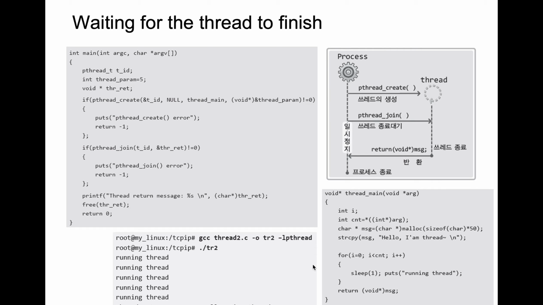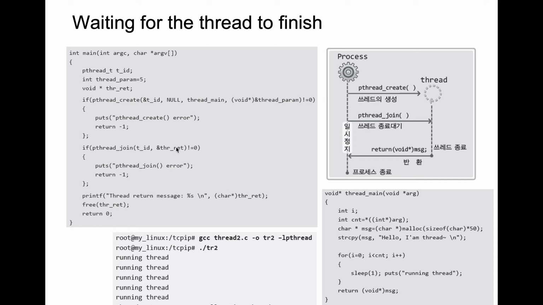We are returning that. And note why the thread main's type was void pointer: because we are using it as a return type. We are returning a memory area of type character pointer converted into a void pointer. Because the returning value has some type, we are making it void pointer.